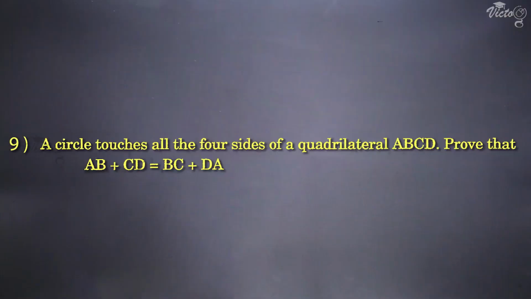Question number 9. A circle touches all the four sides of a quadrilateral ABCD. Prove that AB plus CD is equal to BC plus DA. Here it is given that a circle touches all the four sides of a quadrilateral ABCD. Now draw a rough figure.